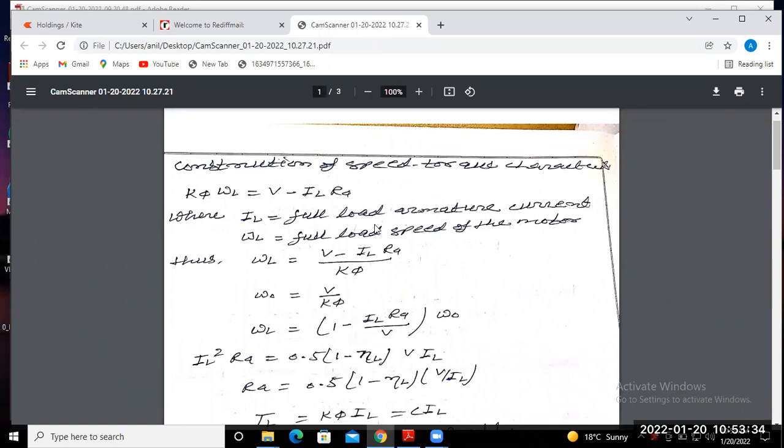So here IL equals the full load armature current and omega L is the full load speed of the motor. Just find here the no load speed, omega 0, which is nothing but V by K phi, and if you take it common, omega L equals omega 0 times 1 minus IL RA divided by V. So this is the relation of full load speed versus no load speed.